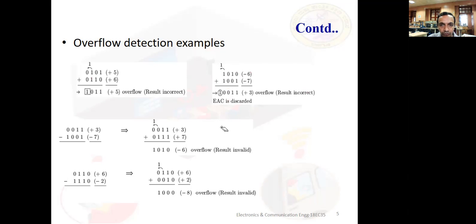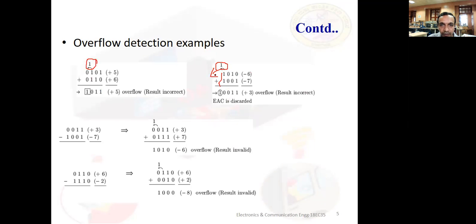One method I have shown you is observing the sign of the input and the sign of the output. If they are different, there is an overflow. The second method is to observe the carry into the MSB and the carry out of the MSB. Both should not be present at the same time. They are mutually exclusive. Look at this example. There is a carry into the MSB position, whereas here there is a carry, 1 plus 1, out of the MSB position.